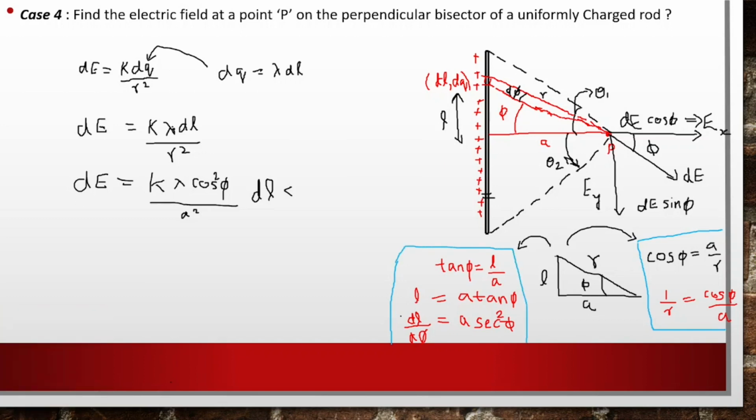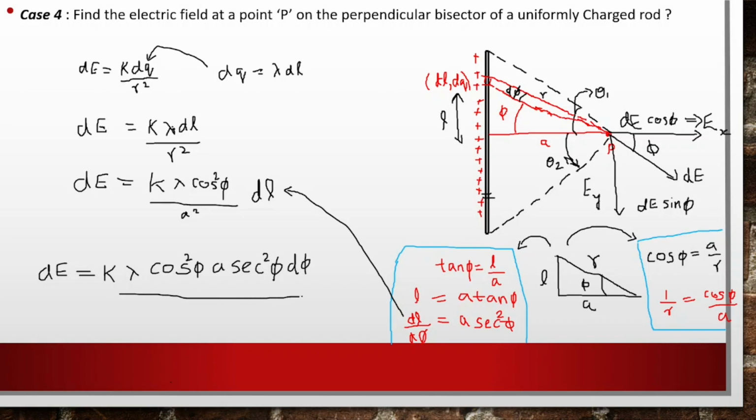So let's apply this equation in here. We get dE is equal to k lambda cos square phi, instead of dl, a sec square phi d phi, by a square.